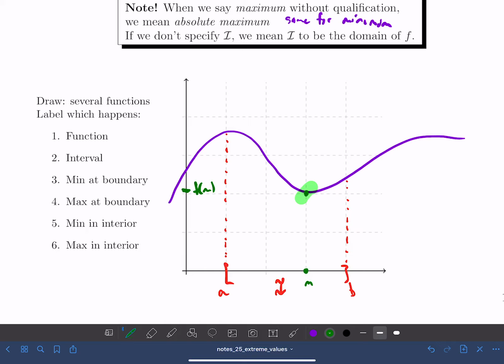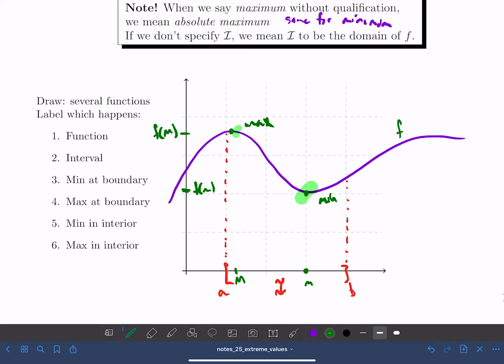And if we try to find the maximum value, it's going to occur right there, just to the right, the way that I've drawn it, just to the right of the interval. So that's f of, let's call that capital M. These are the global maximum and minimum of this function over this interval.